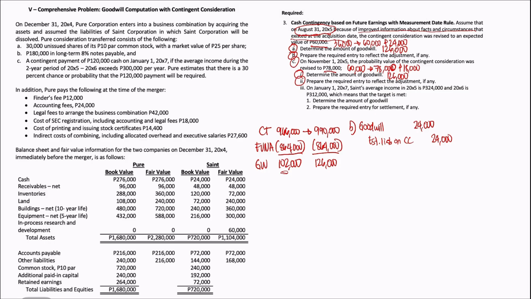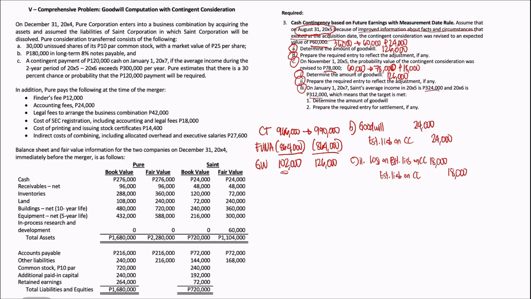So the journal entry is debit loss on estimated liability on contingent consideration and credit estimated liability on contingent consideration for $18,000. Now on January 1, 20x7, Saint's average income in 20x5 is $324,000 and in 20x6 is $312,000.